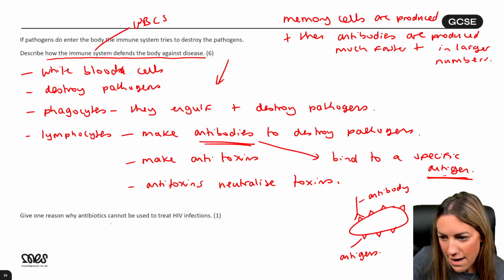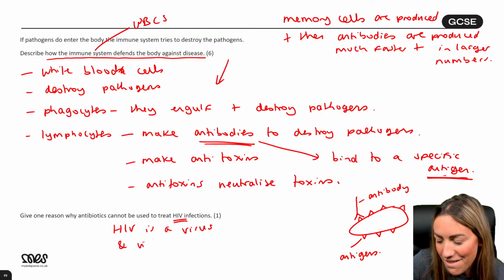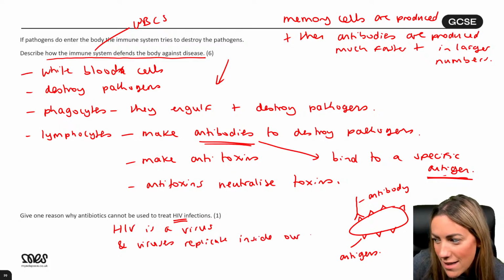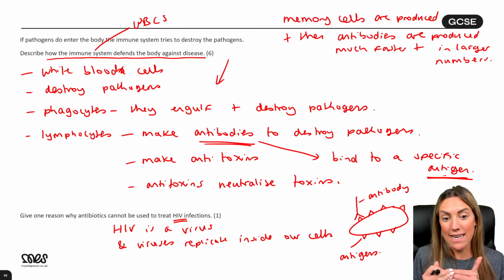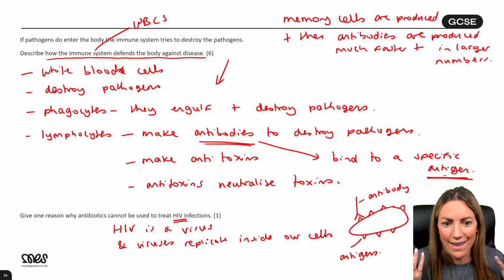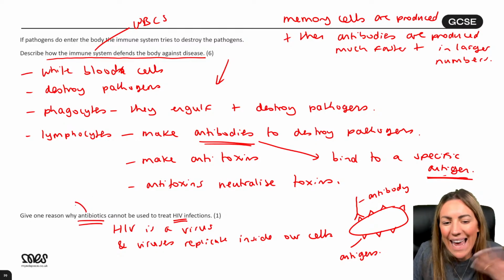Right, so viruses. Oh, sorry, I gave you a bit of a clue there, didn't I? HIV is a virus, and viruses replicate inside our cells. It's like you're saying the antibiotic, which is a drug that kills bacteria, can't get to the HIV.